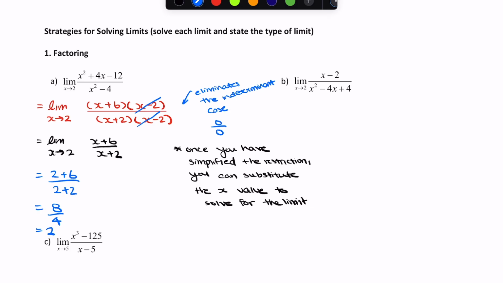So the limit as x approaches 2 for the equation x squared plus 4x minus 12 over x squared minus 4 will provide you with 2. And so this is a finite limit again.